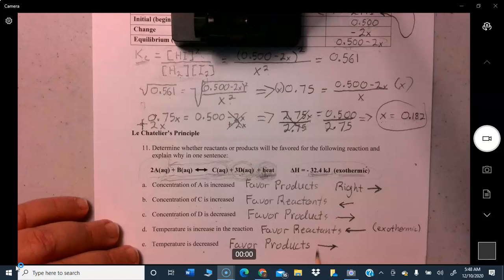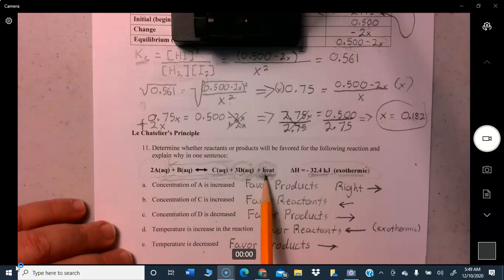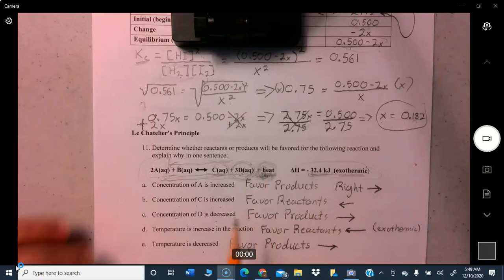Again, another way to think of it: by getting rid of heat, this reaction is trying to cool itself off. It produces heat, and it wants to get that heat out. It's trying to make itself cooler. If you turn up the temperature in the room, it can't make itself cooler. If you turn down the temperature, then it's easier for this reaction to make itself cooler by getting rid of heat, and so the heat's going to flow out, and that's going to make the reaction flow to the right.